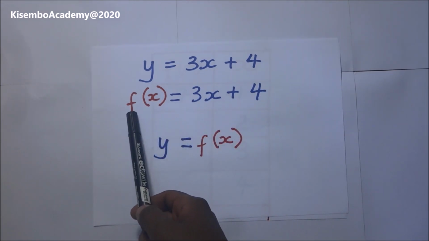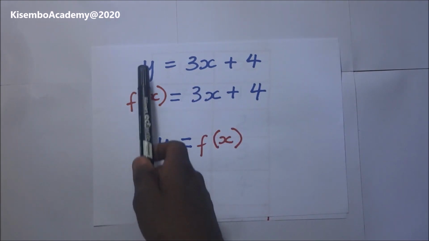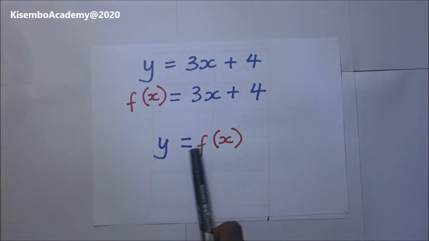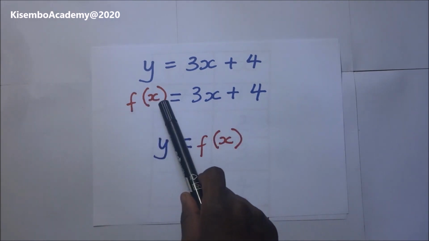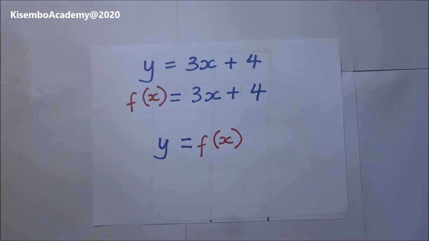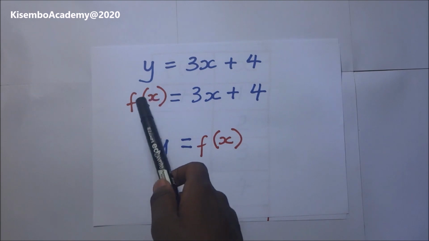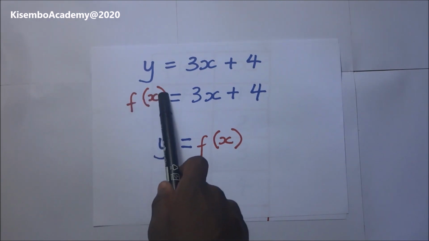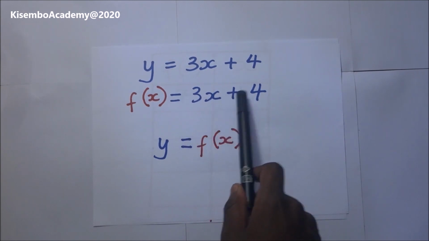This f is what we call function notation. The value of y is the same as what is being represented as f of x. In literal terms, f of x means the function f where the input is x is given by 3x plus 4.